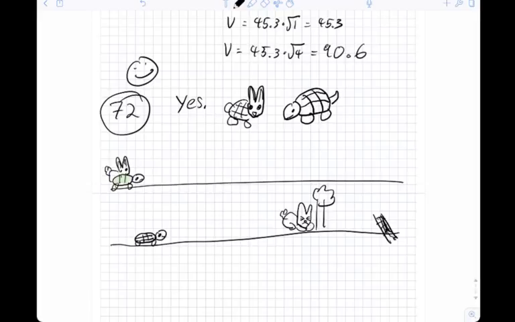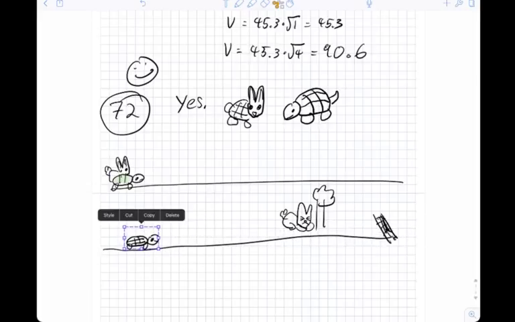The problem with that is that the hare stopped moving, but the tortoise did not. So slowly, slowly, slowly, the tortoise made his way down the race course, and the hare kept sleeping.